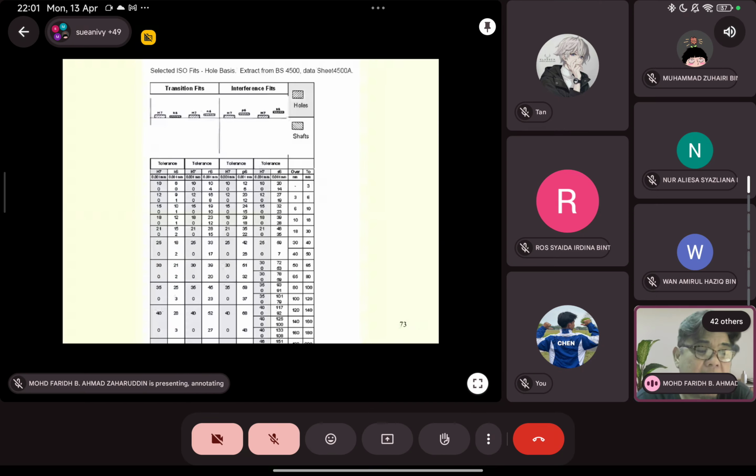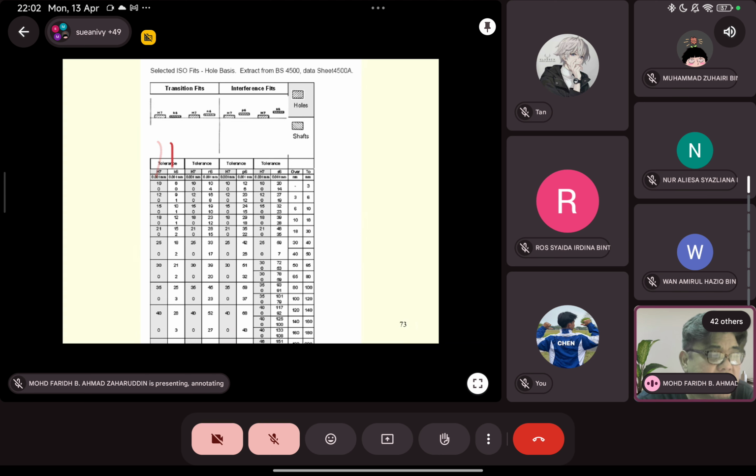Over 18 to 30 means 30 is the value for 30 diameter. Over 30, 30 is not the value. 30 point something, 32, 31, 30.100. If so, then you take this one. So now you pick up the top one, correct? This one.